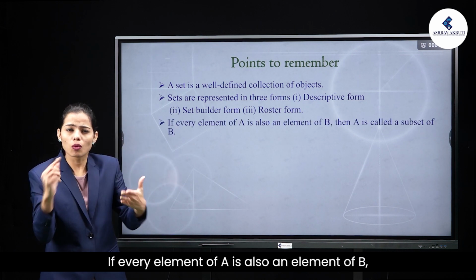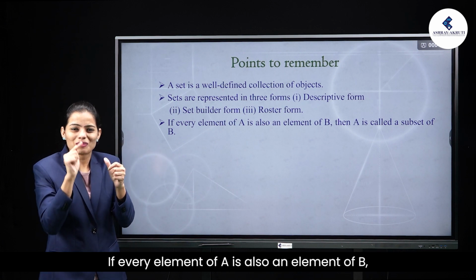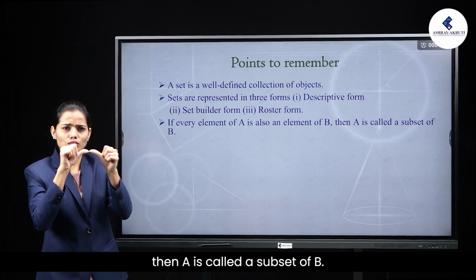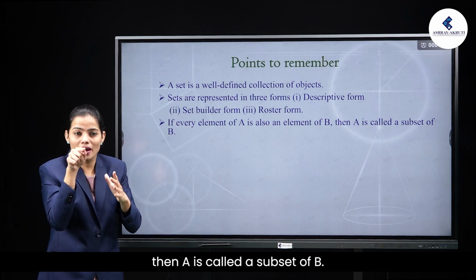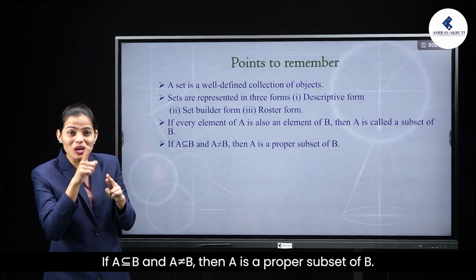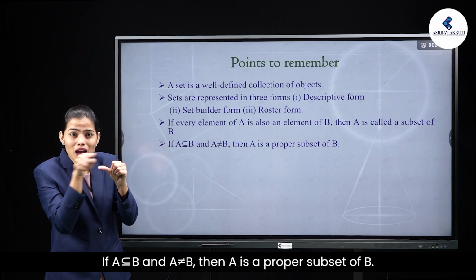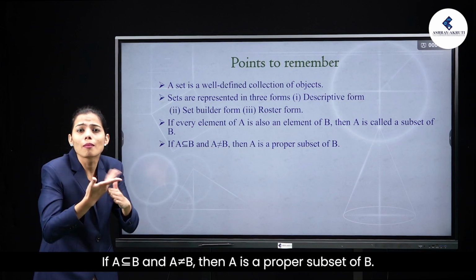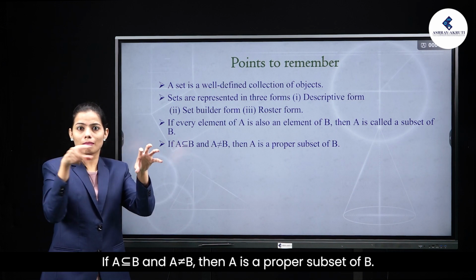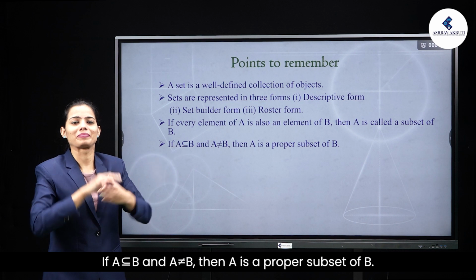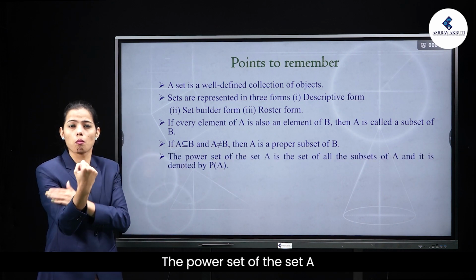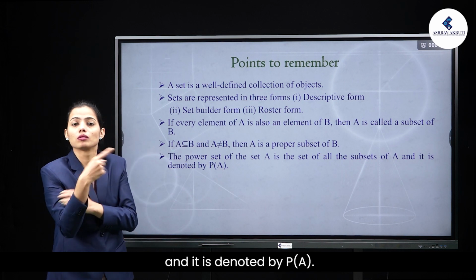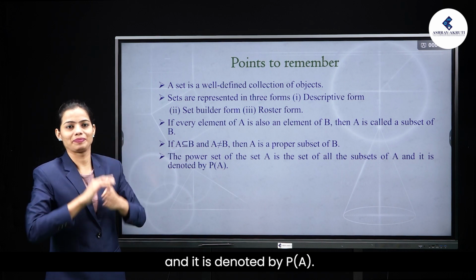If every element of A is also an element of B, then A is called a subset of B. If A ⊂ B and A is not equal to B, then A is a proper subset of B. The power set of the set A is the set of all the subsets of A and it is denoted by P(A).